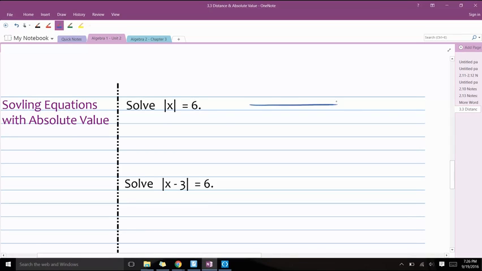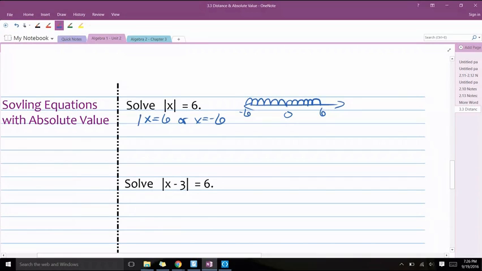Or in other words, what two numbers are 6 spots away from 0, either to the right or to the left? Those two numbers are 6 and negative 6. So x could equal 6, or x could equal negative 6.